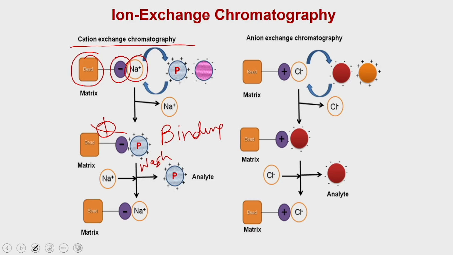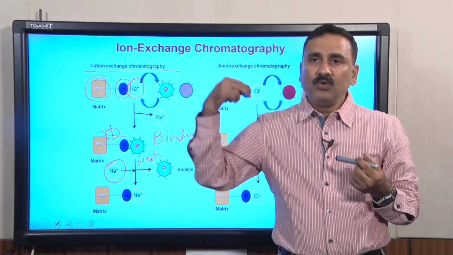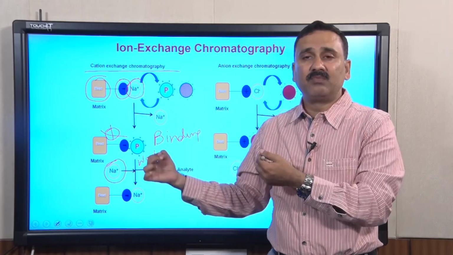Now, what you are going to do is exactly the reversal. You will supply the NaCl or the sodium. Once you add the sodium, it is going to replace the protein and bind to your functional group, but the amount of sodium required to replace the protein bound to the matrix beads is going to be different for different proteins.